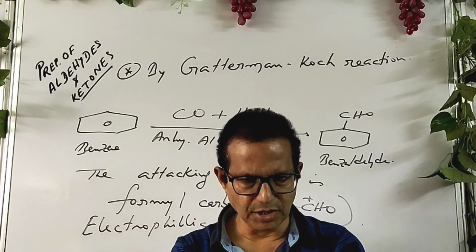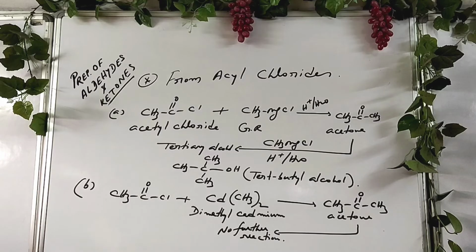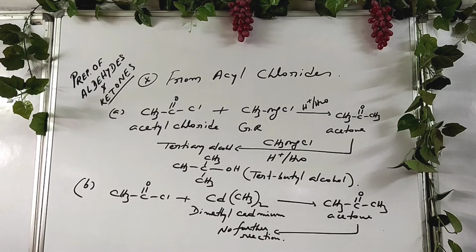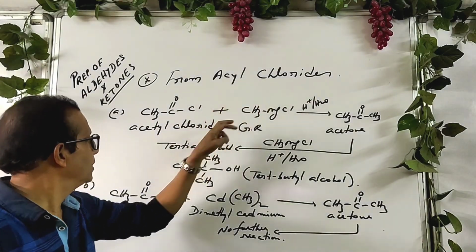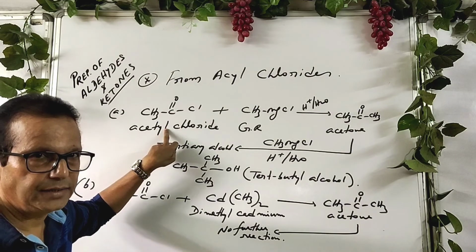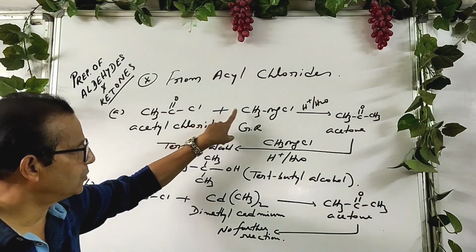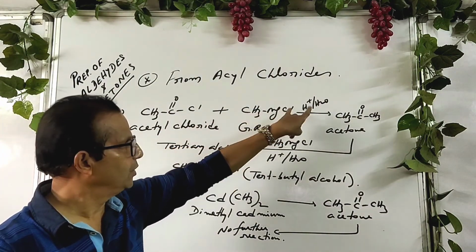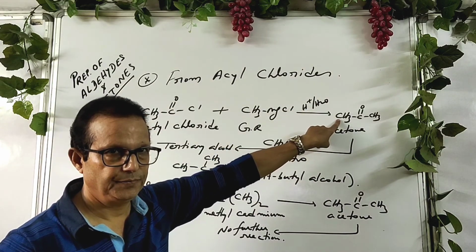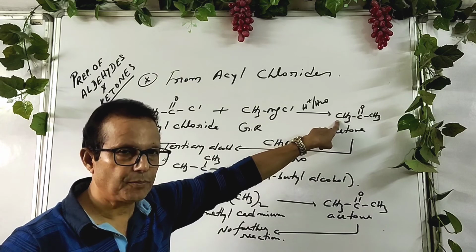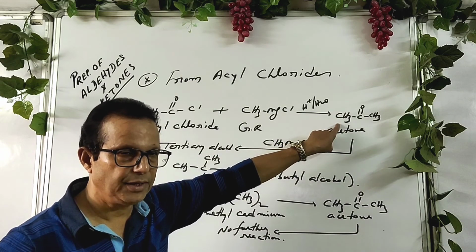So please follow the reaction. From acyl chloride, this is acetyl chloride, when it reacts with Grignard reagent followed by acid hydrolysis, we get acetone. But do you know what is the problem of getting acetone here?